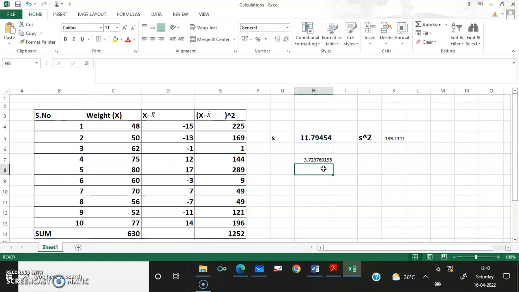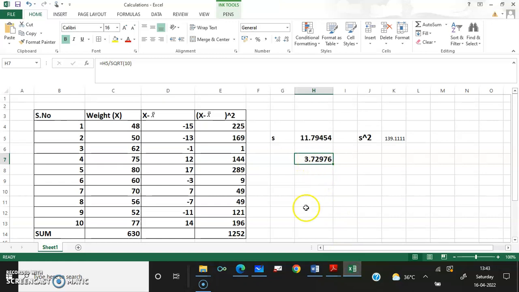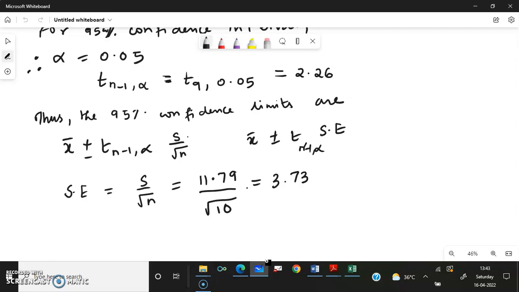I got the answer as 3.729, so we can take 3.73. We got the standard error, 3.73.